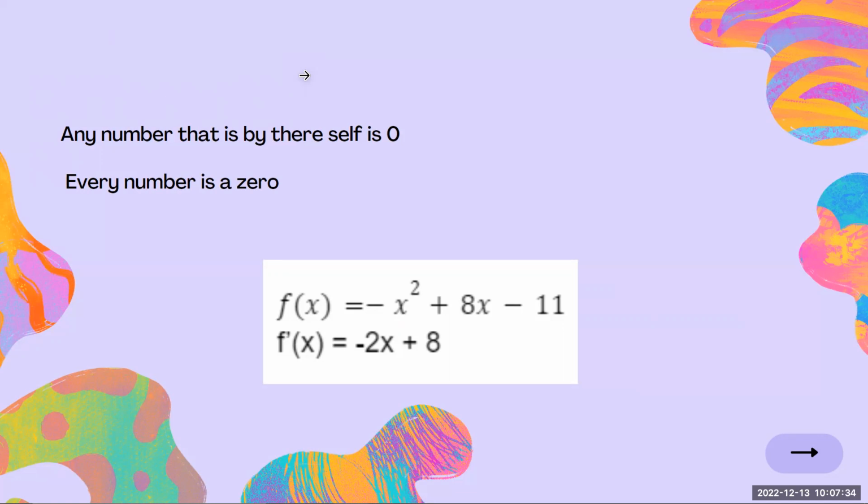The derivative of negative x squared is negative 2x. The derivative of 8x is 8. And for the derivative of negative 11, since every number is 0, which is my catchy phrase, that would be 0. Next slide, please.